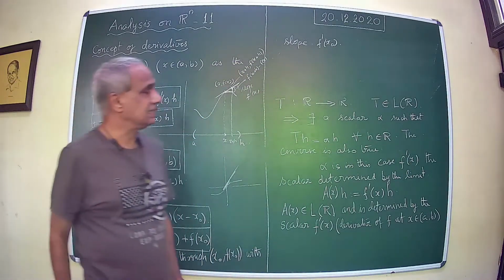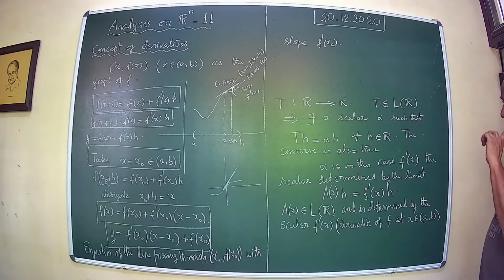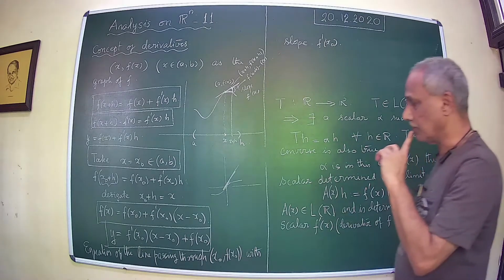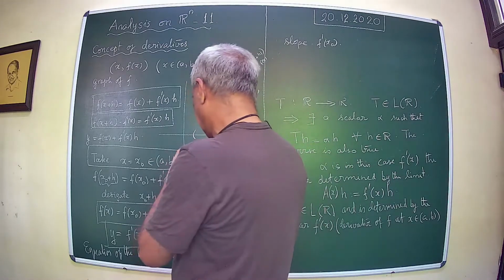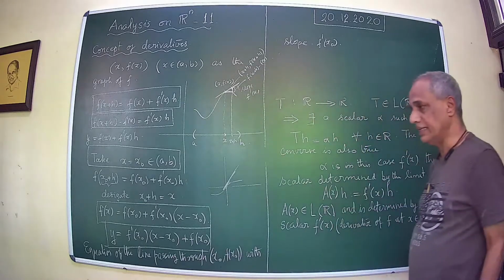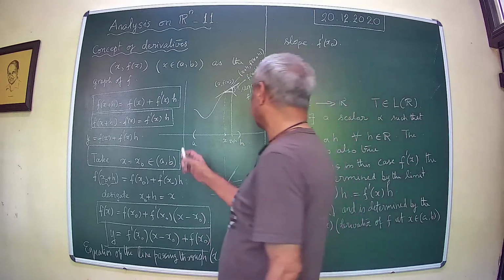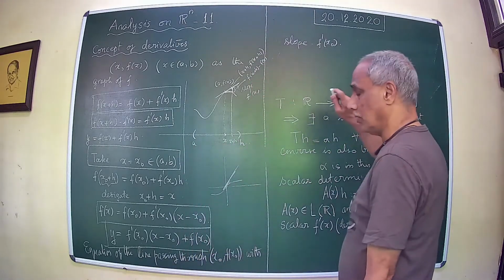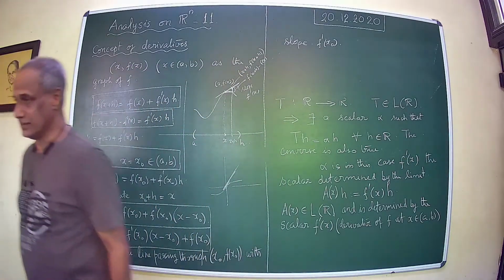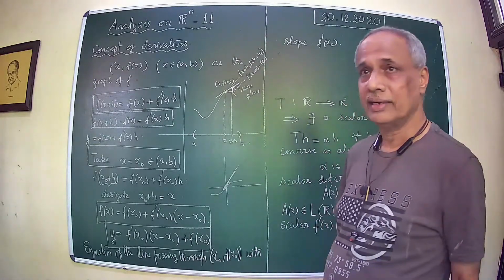So the point is this: from y minus f of x naught, you have extracted out a linear part, and then what remains, that is the remainder, is a term of higher order in h, namely R of h divided by mod h.